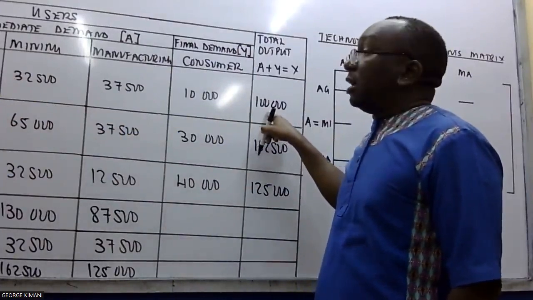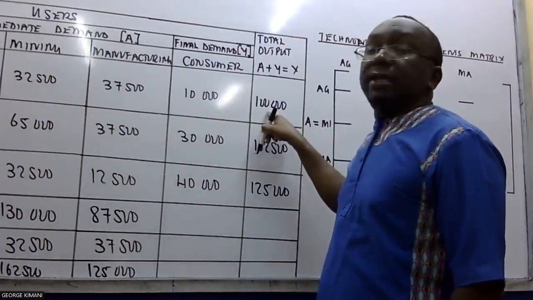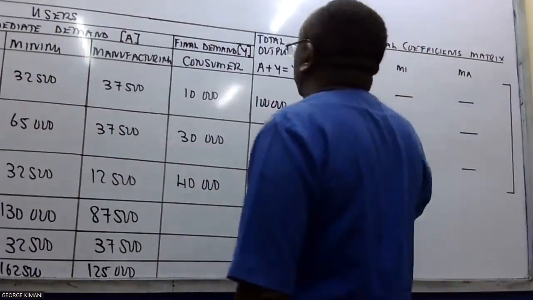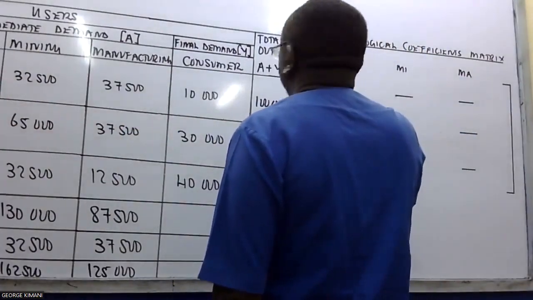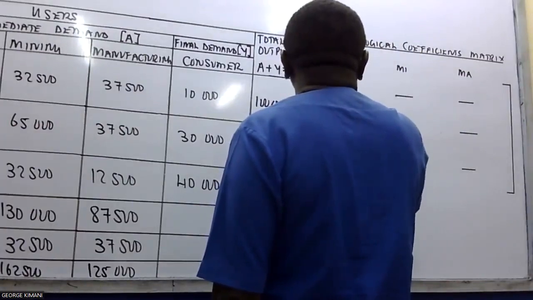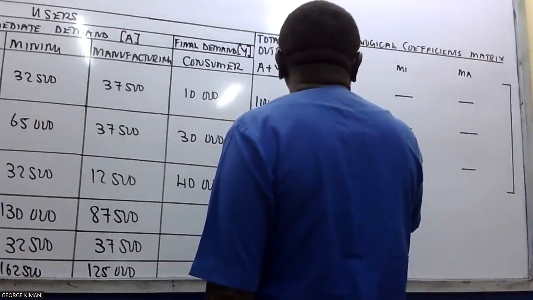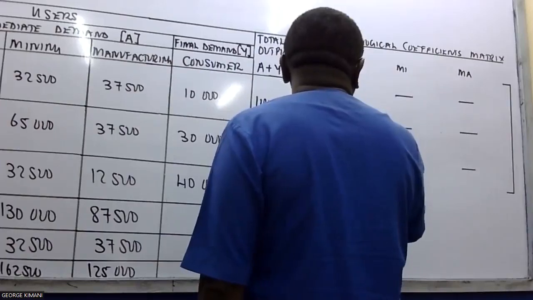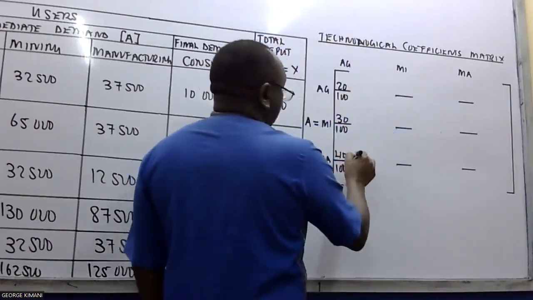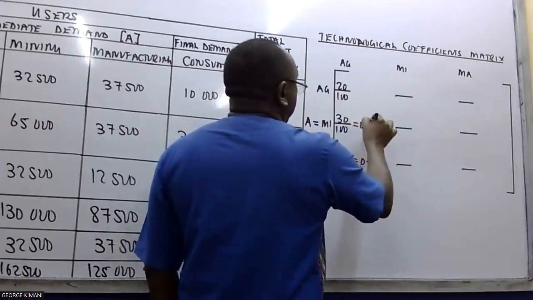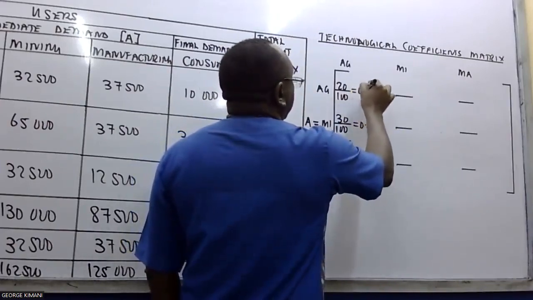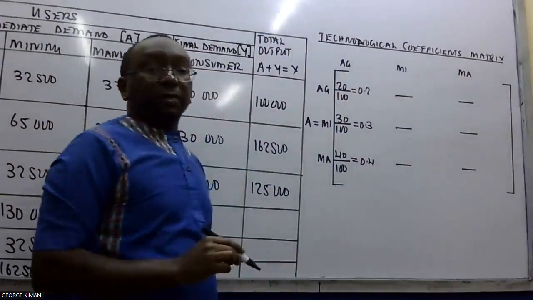The values in column 1 are divided by the total of row 1. So this will be 20, you divide by 100. 30, you divide by 100. And 40, you divide by 100. So the answer here will be 0.4, this will be 0.3, and this will be 0.2.